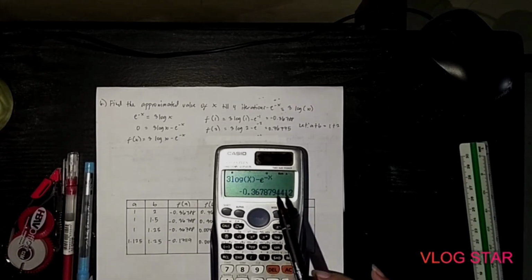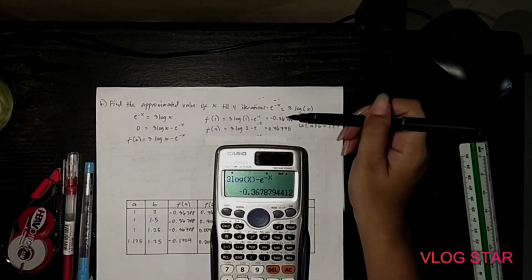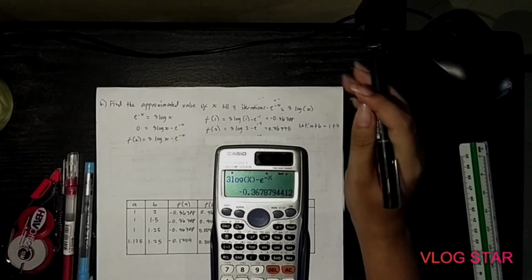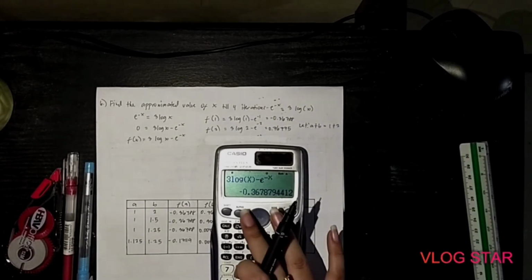So at x equals 1, the answer is negative 0.36788. So now that we have a negative here, let's find a positive.